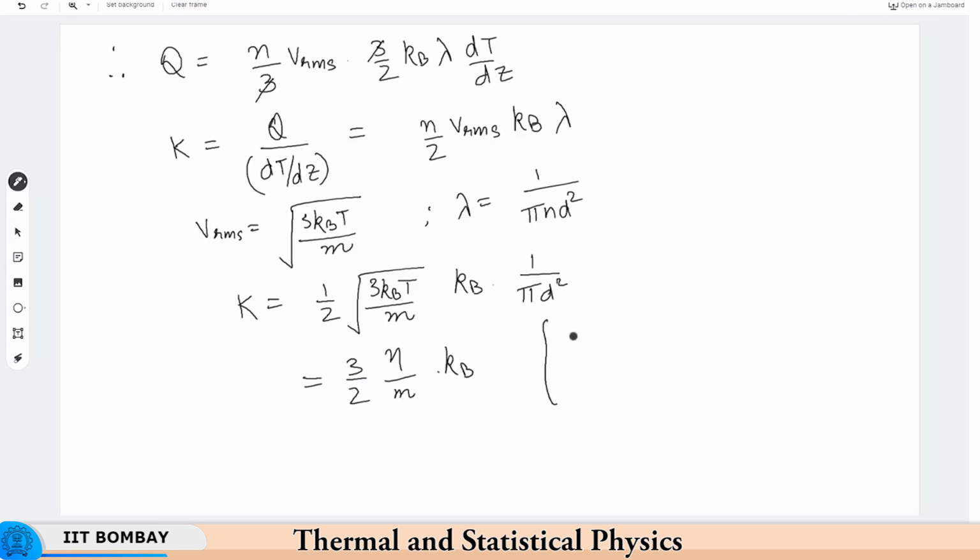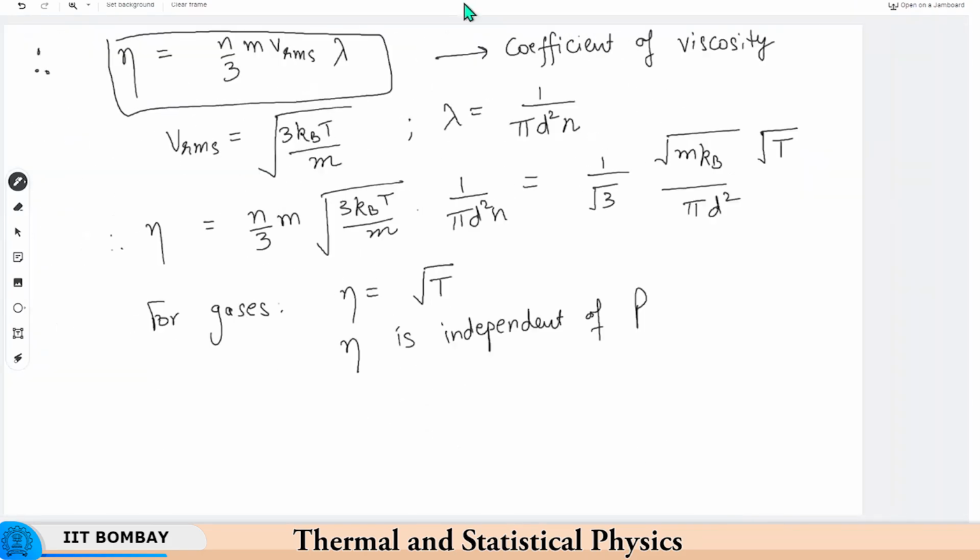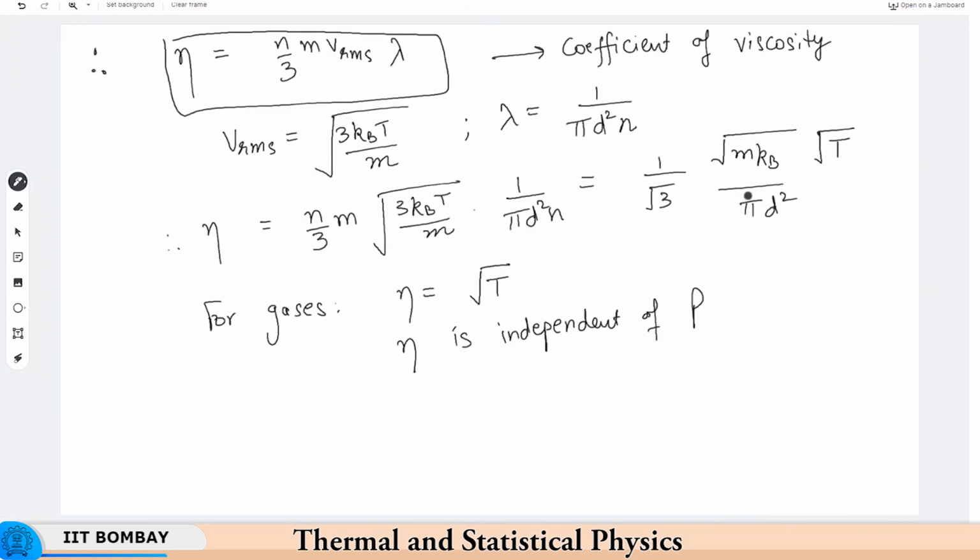So, what I have done is substitute eta equals the expression that we had, which is 1 by square root of 3 times square root of m kB T divided by pi d squared, right. Okay. This is what we obtained here.